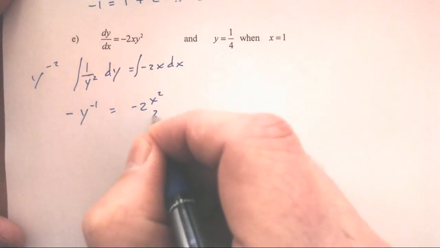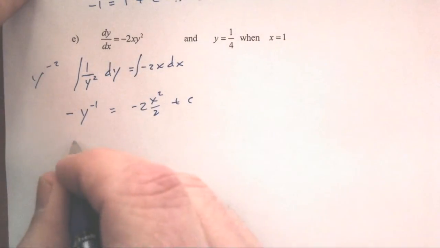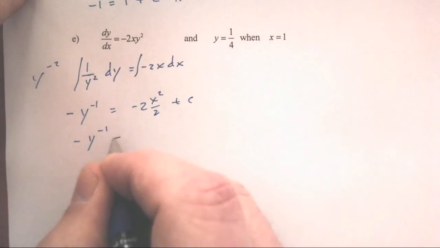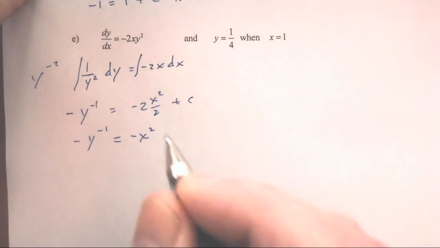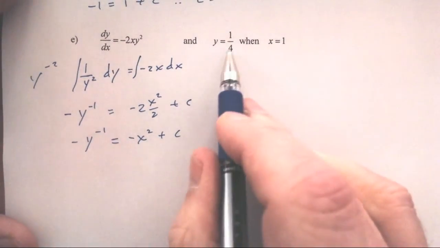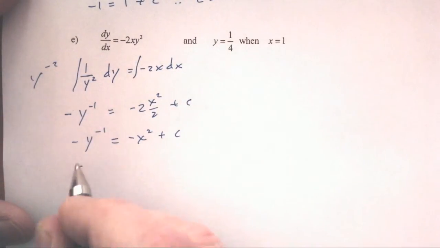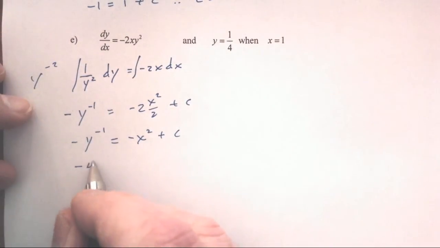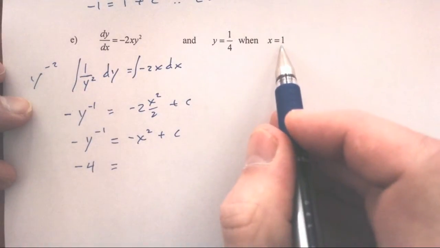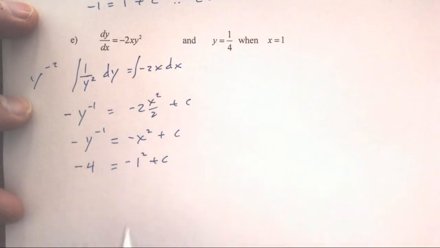Equals integral of this, negative 2x squared on 2 plus c, or I get negative y to the negative 1st equals negative x squared plus c. Let's find our initial values. When y is 1/4, I get negative flipped 4 equals, x is 1, negative 1 squared plus c.